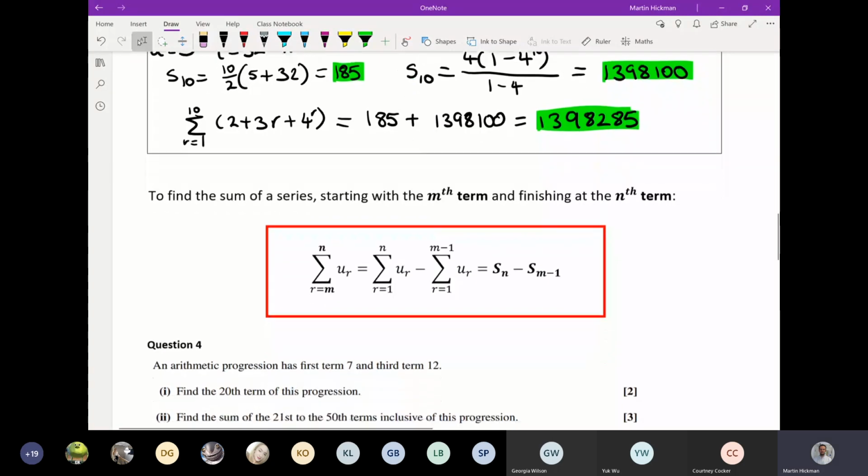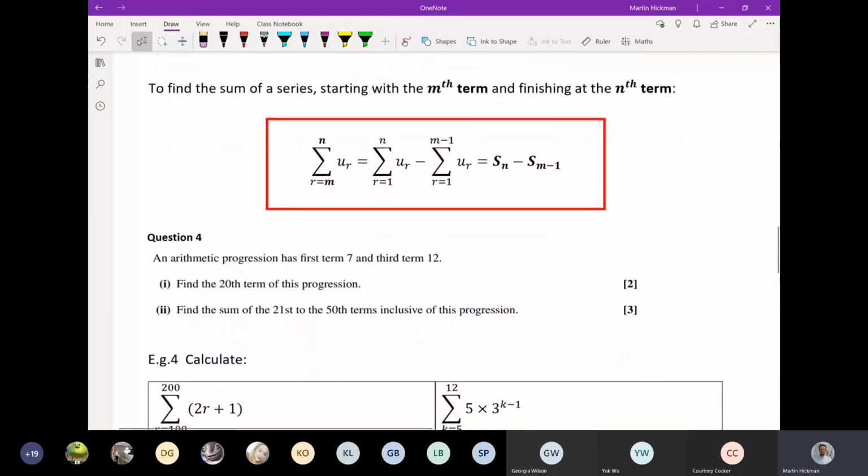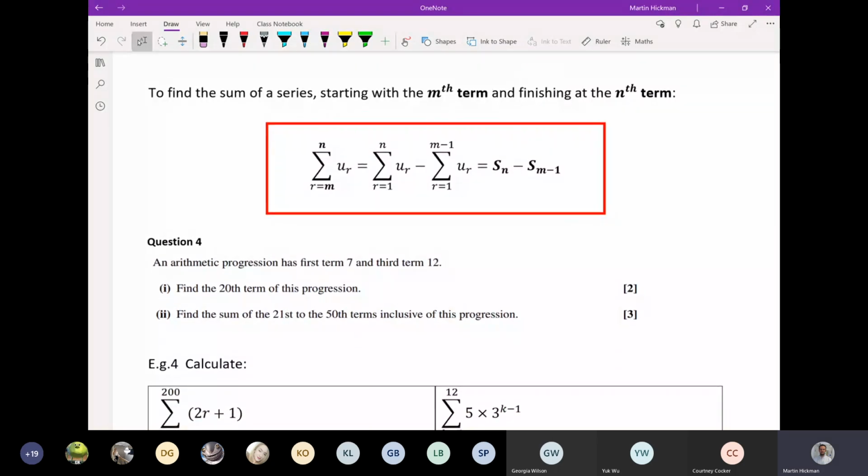This next part then, you've kind of already seen a question where you have to use this skill. And I know from marking the assignment, which had this particular question on, this question 4 that you can see on your screens now, that quite a lot of mistakes were made on this question.